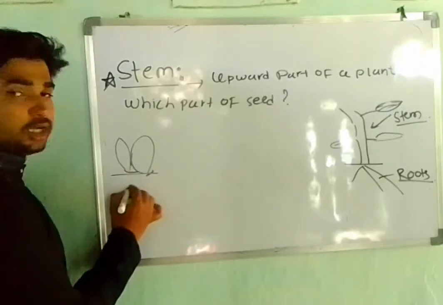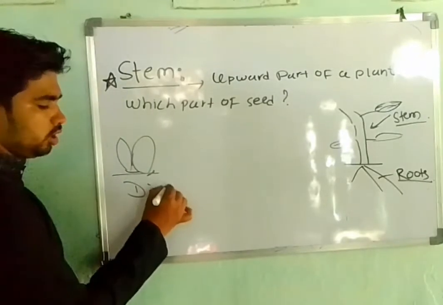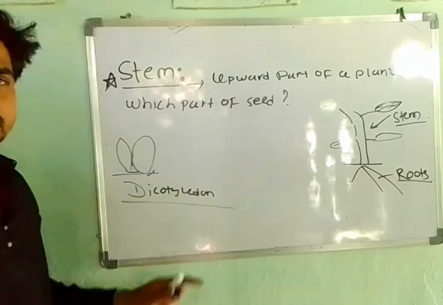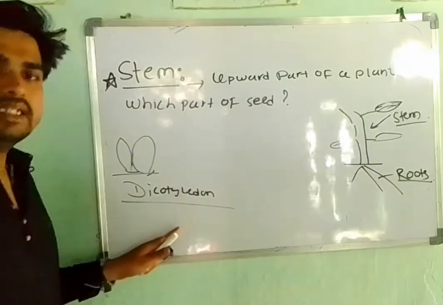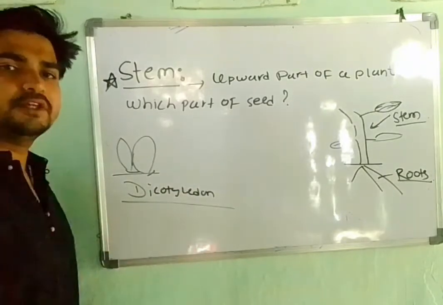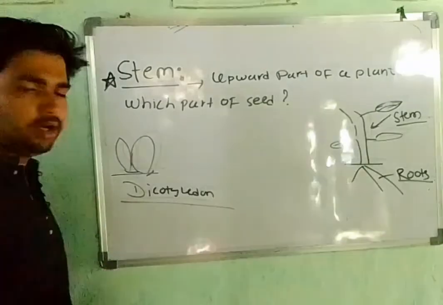One is the monocotyledon and the other is the dicotyledon. What is the difference between monocot and dicot?